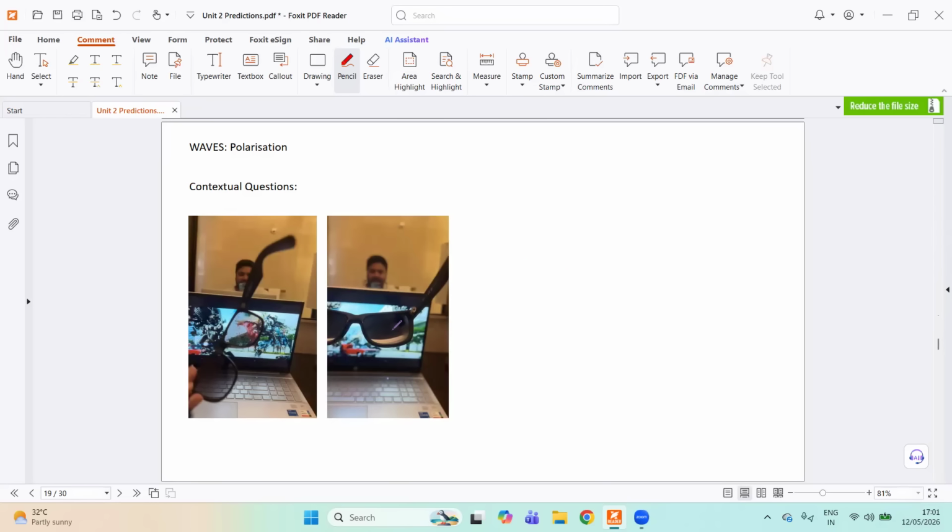That's because, one, my sunglass is polarized, and light from the computer screen is also polarized. So when the plane of polarization is parallel to the plane of oscillation, then and only then light is transmitted. But when it is perpendicular, as in this situation, light gets absorbed or filtered and no light is transmitted.